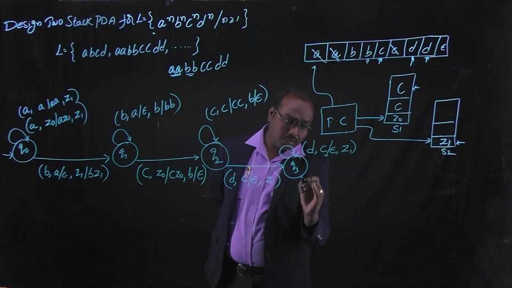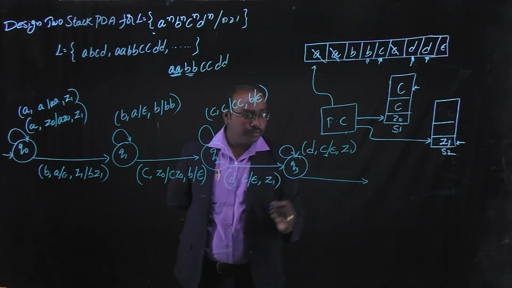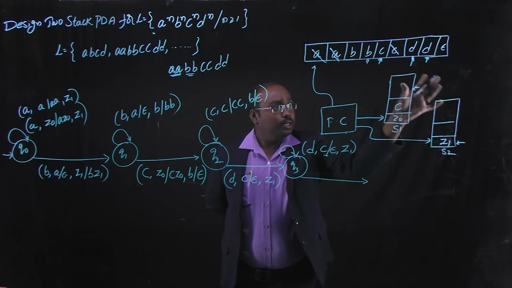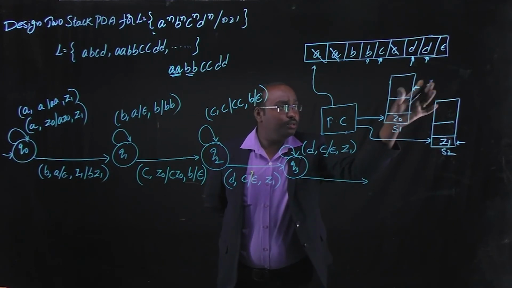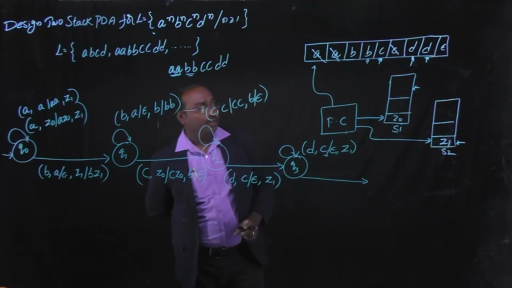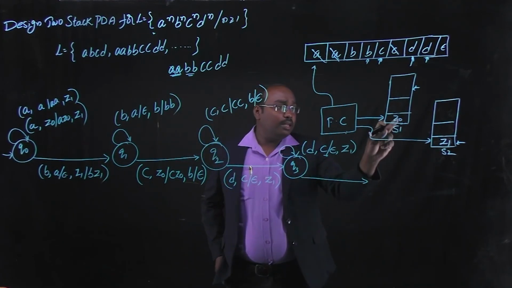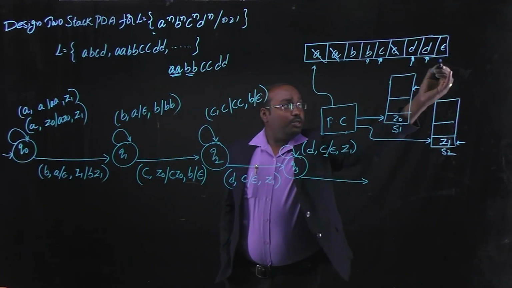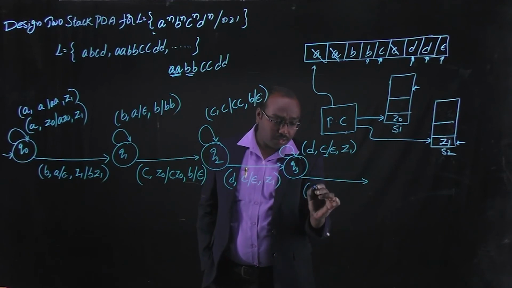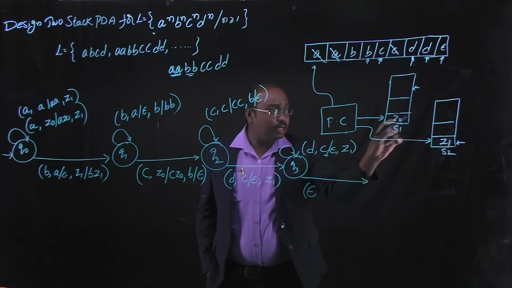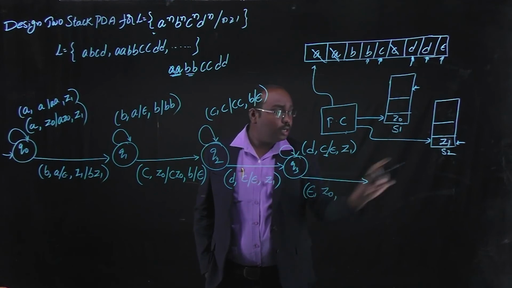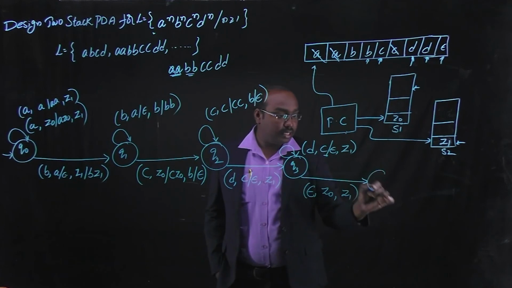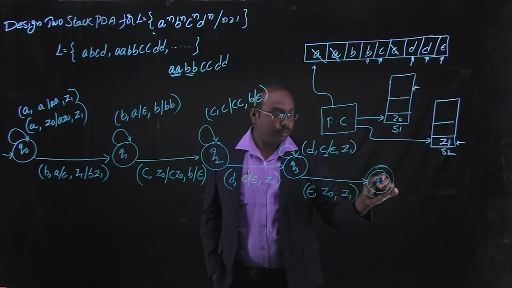Now the top of stack 1 is Z0, and the top of stack 2 is Z1. Now the input symbol is epsilon, and with Z0 on stack 1 and Z1 on stack 2, we can accept the given string.